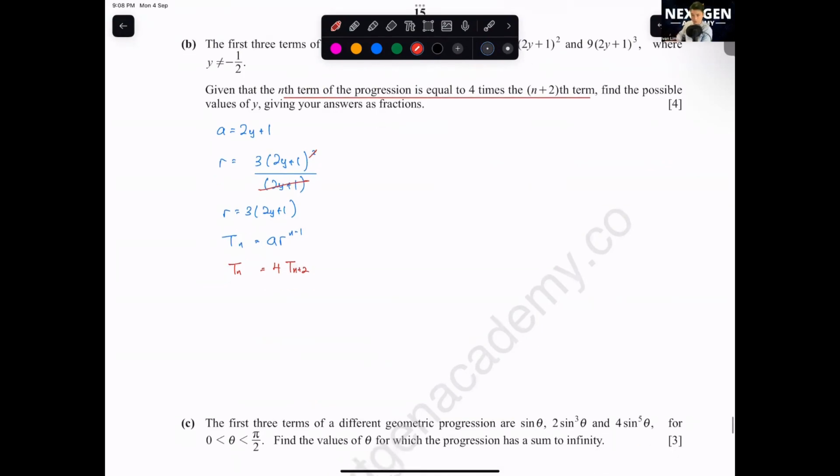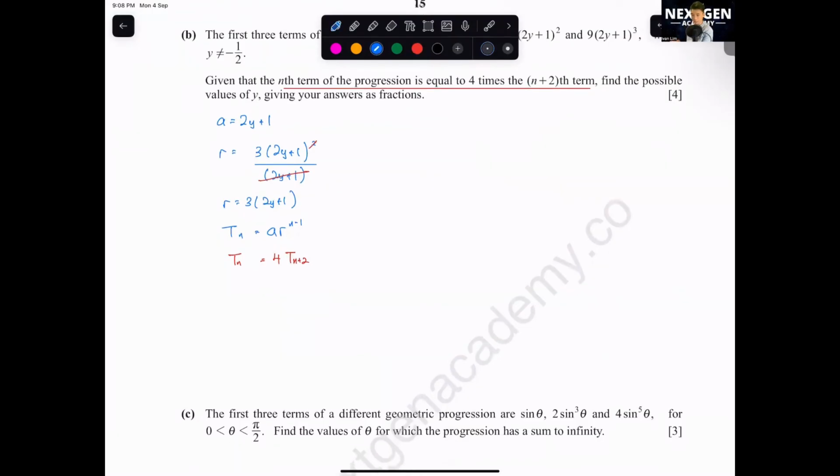So this one you have to be careful because of the power and all. So we put into AR to the power of n minus 1. So here become 2y plus 1 times 3, then 2y plus 1. Okay, you see here, you have to know where to put the bracket, the power n minus 1. This whole thing is r.